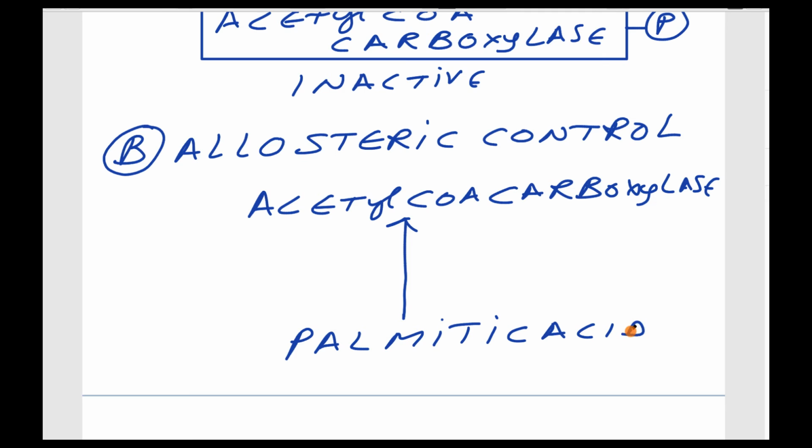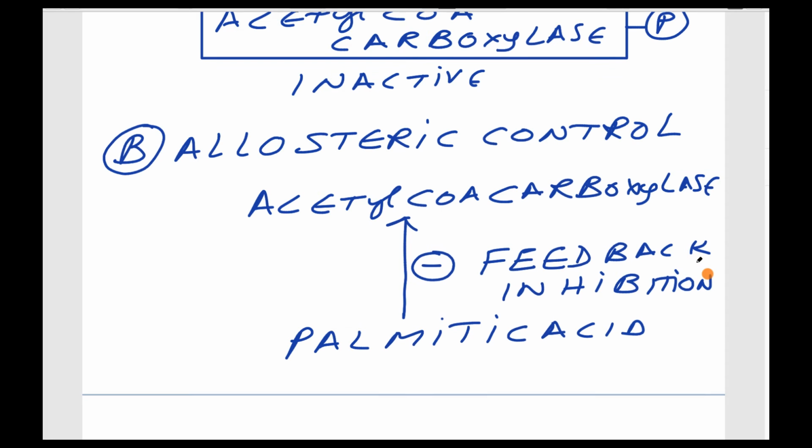What is palmitic acid? The end product of fatty acid synthesis. The end product, palmitic acid, inhibits the crucial enzyme of fatty acid synthesis. This is what we call feedback regulation, feedback inhibition.